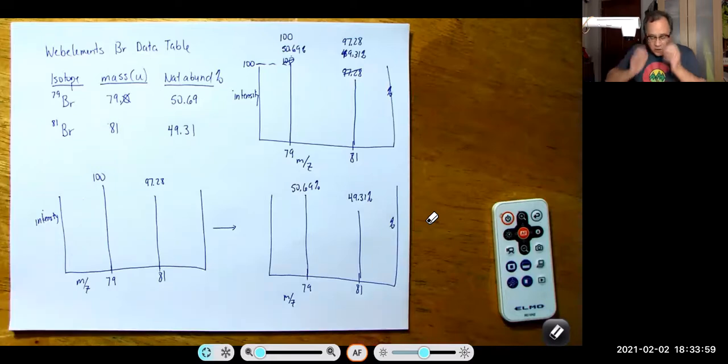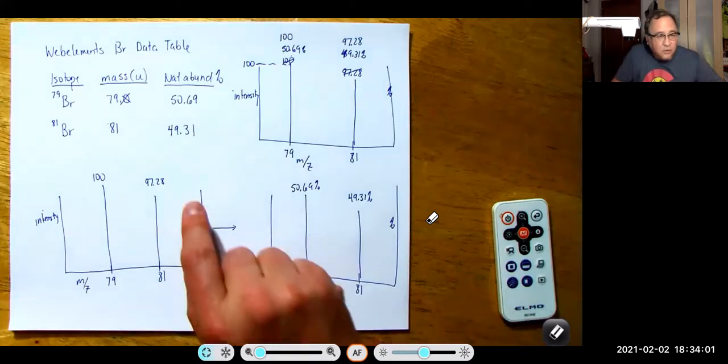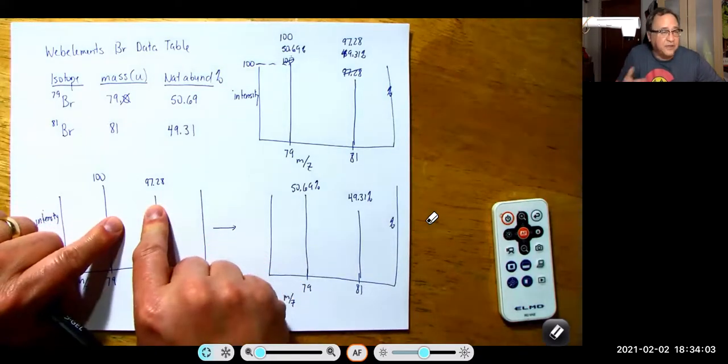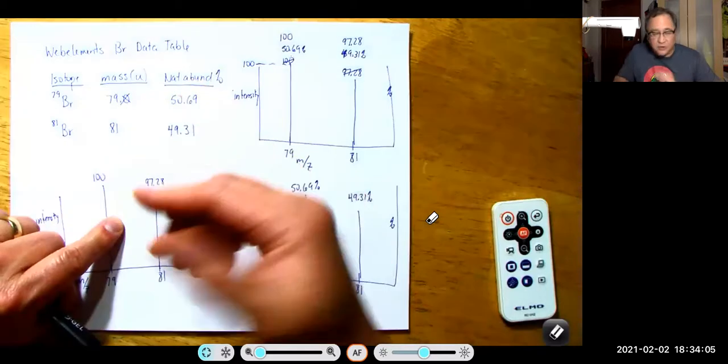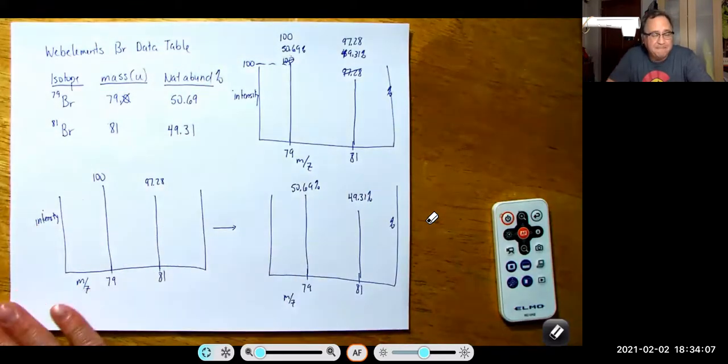Okay, are you ready to see how what is on the left, which is what the mass spectrometer reports, turns into what is on the right? You ready to see that?